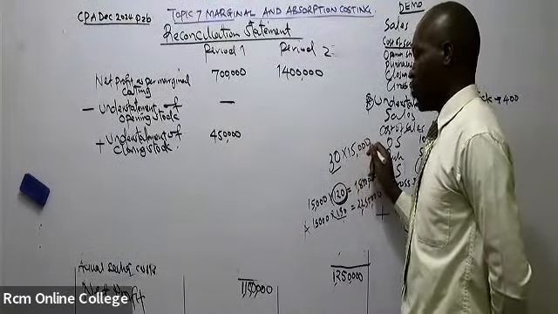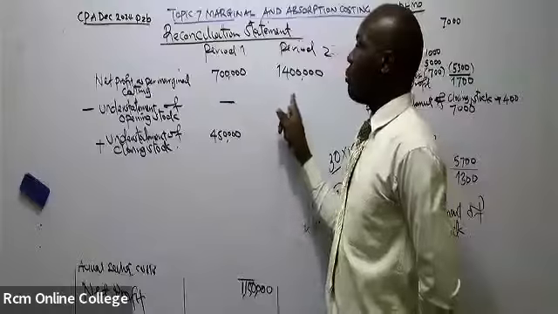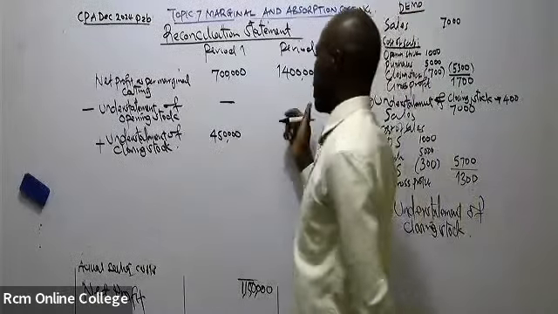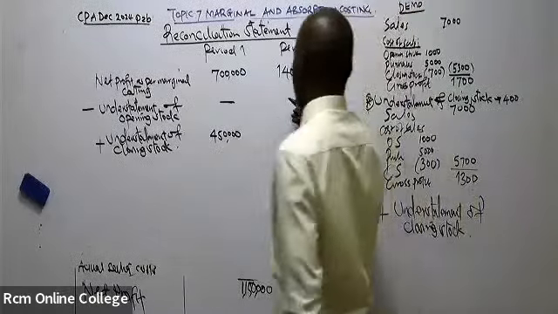In other words, what you have as the understatement of the closing stock in period 1 will become our opening stock in period 2. So just have this figure and bring it here. But the name has now changed. Under this part, it is closing stock.